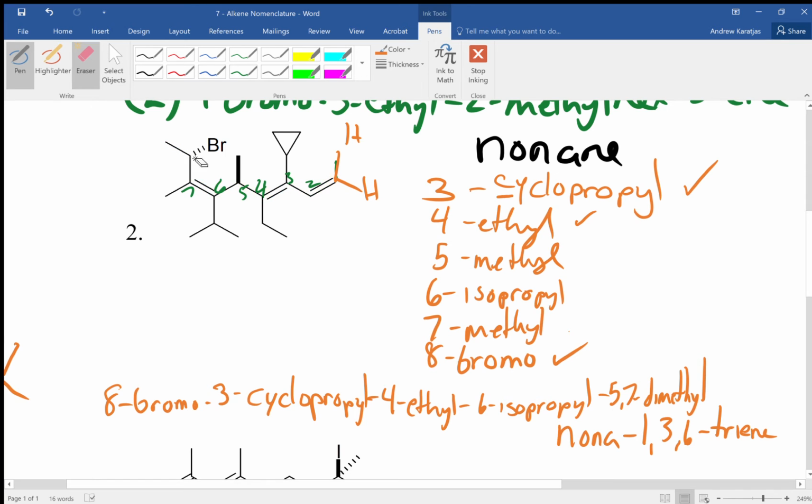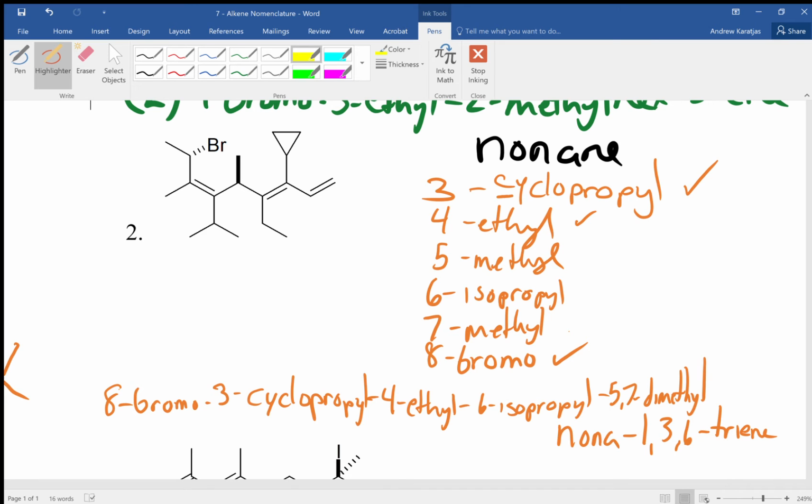Let's just erase all of this so we can work with it better. The next alkene, on the left side, the higher priority is the carbon to the top. Why? That's a carbon bonded to 2 carbons versus at the bottom is a carbon bonded to 1 carbon. What about the other part?